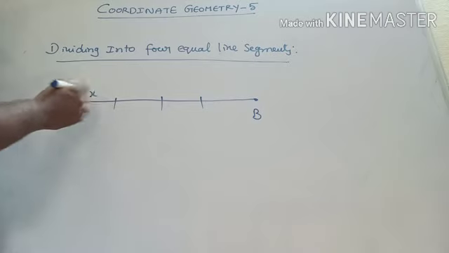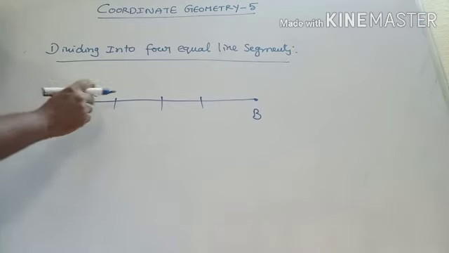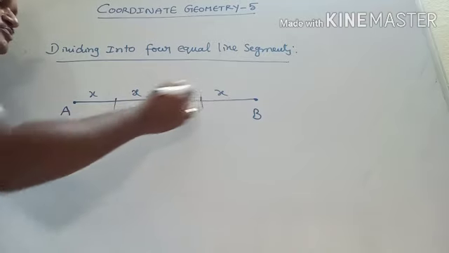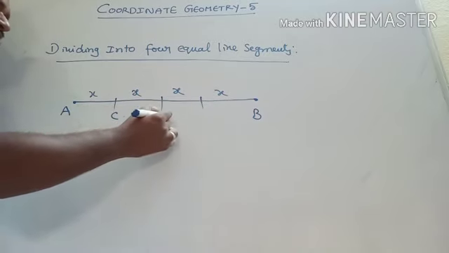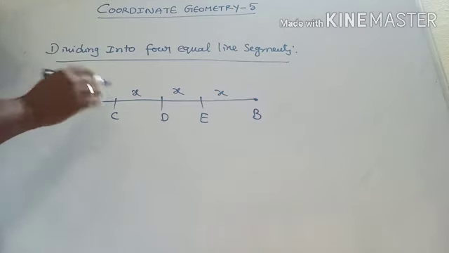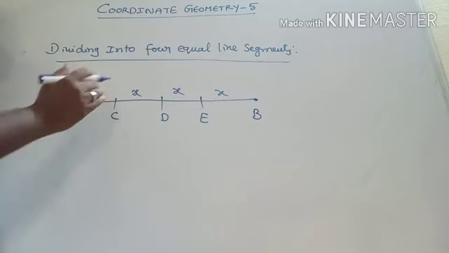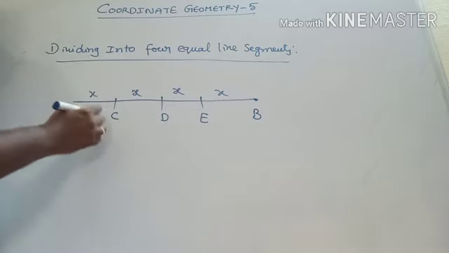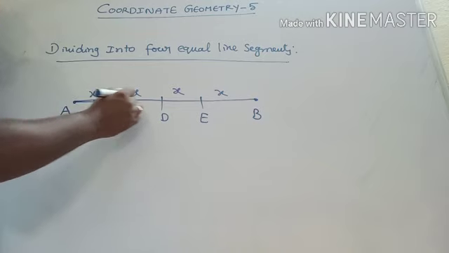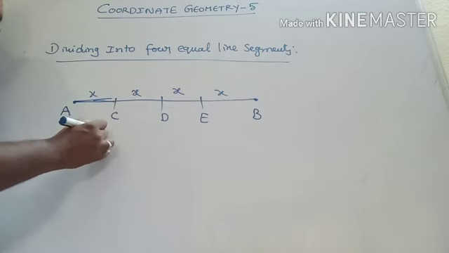Suppose we don't know the length, so we take each part as x units: this is x units, this is x units, this is x units, and we will take the cut points as C, D, E. Now AB is divided into 4 equal parts by 3 cuts, those are C, D, E. Now C will divide AB in what ratio? This is x, 1 part, remaining 3x, that means 1:3.